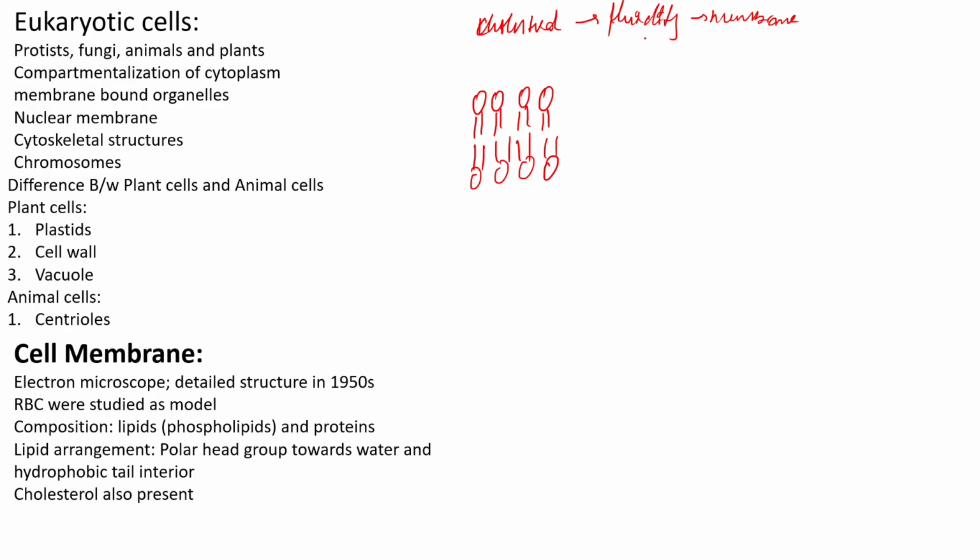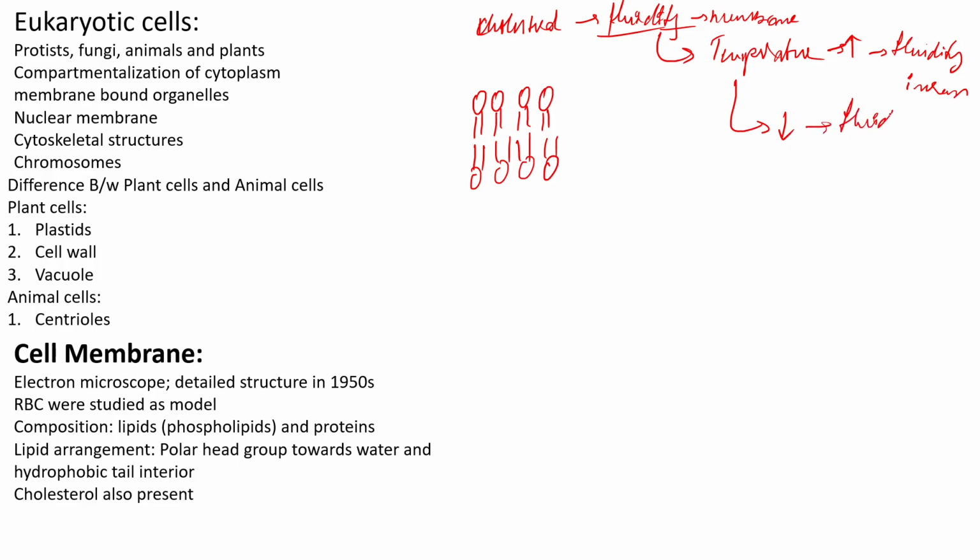The membrane fluidity is mainly controlled by a factor, that is the temperature. Remember this. If the temperature increases, the fluidity increases. However, if the temperature decreases, fluidity decreases.